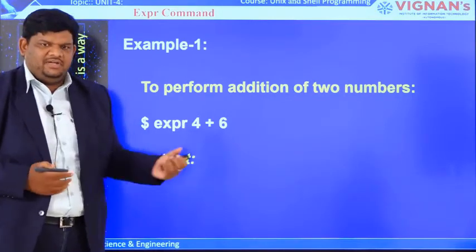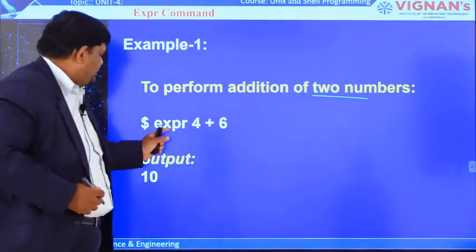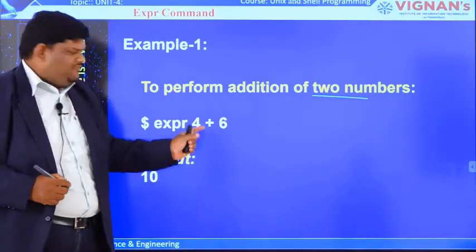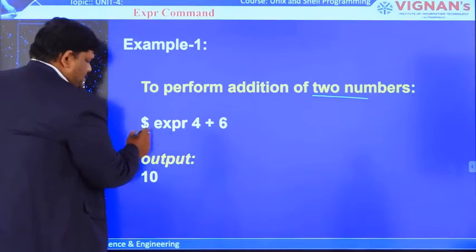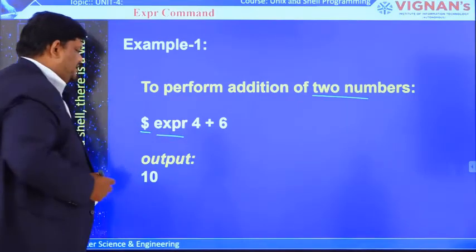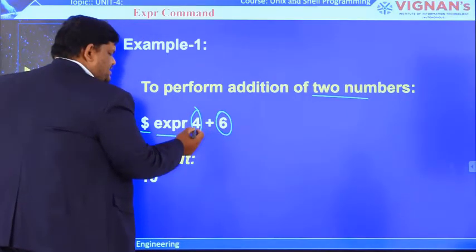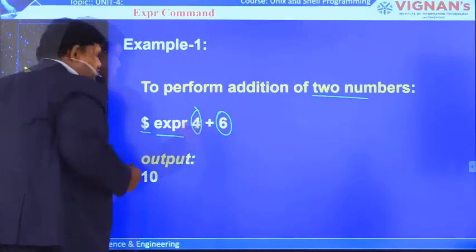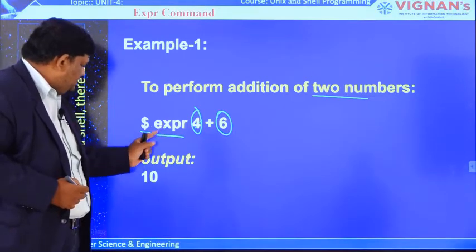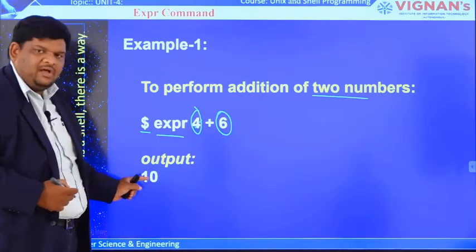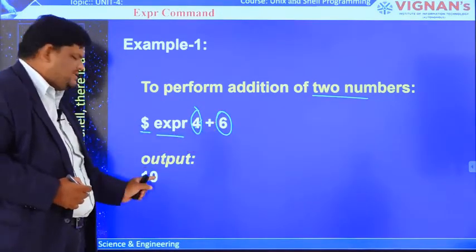At the shell prompt we write the command EXPR and then the two numbers whose sum we want, 4 and 6. If you check the output, the answer is 10. It evaluates by adding these two numbers, 4 plus 6, and the answer is 10.